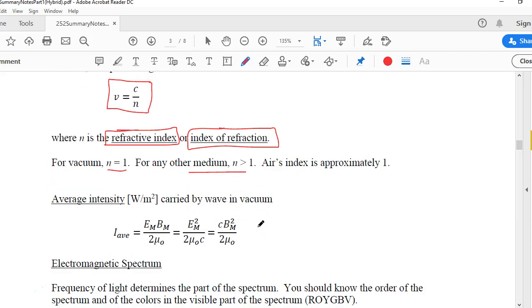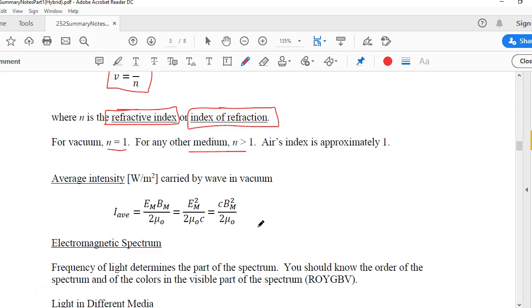Another thing that you should know, and I'm throwing this out here without proof: if you look at the intensity carried by an electromagnetic wave in vacuum, remember, intensity is power per area, right? So power, SI units of watts, area, meters squared.